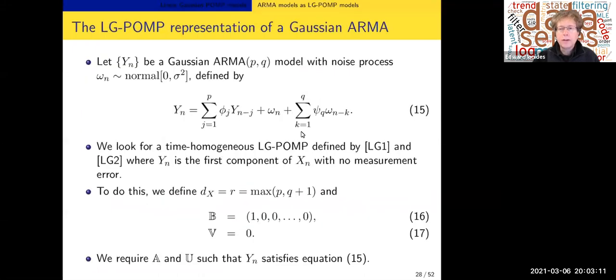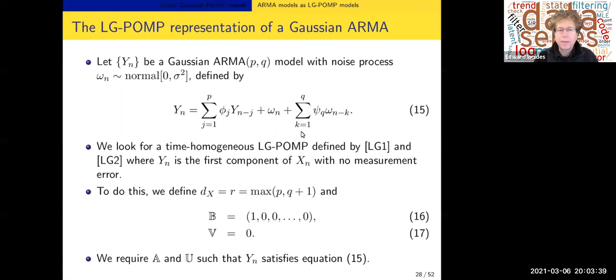And the first thing we're going to do is see how the ARMA framework fits into the LG-POMP framework. So we want an LG-POMP representation. First of all, let Yn be the Gaussian ARMA(p,q) model. Here in equation 15, I have the general ARMA equation, which is just the thing we've seen many times before.